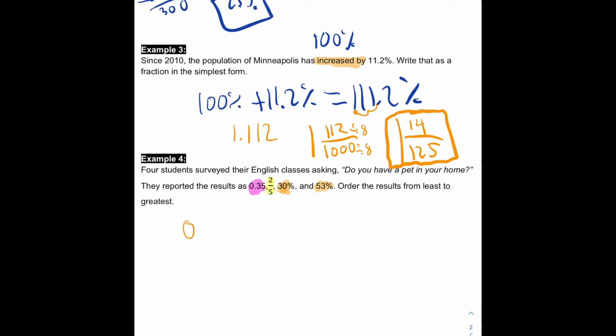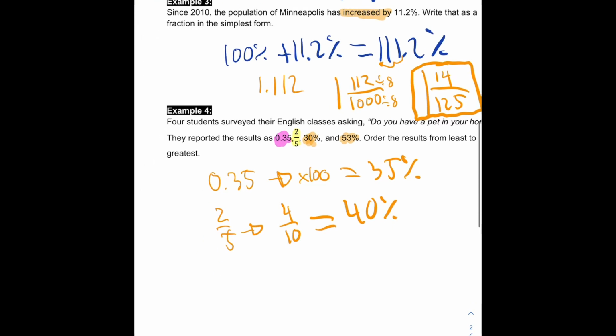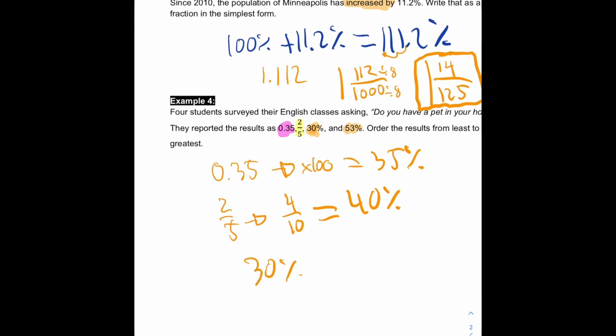So I'm going to get all my answers as percents. That means multiply by 100. So this is 35%. 2/5 I can multiply by 2 and get 4/10, which I know is the same as 40%. We already have 30% and we already have 53%.